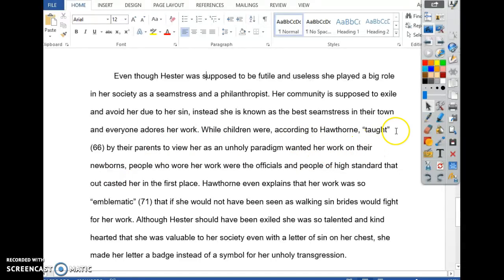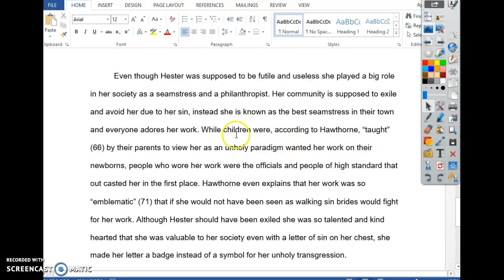Notice just this word comes from 66. The author of this paper did not need the whole quote. She thought this was the most important word, and I think that's an important word, that this was taught by the parents. So that shows the power, and notice how that quote is put into her sentence. So now the writer is in control. The writer has the power. So that's a pretty cool thing to see.